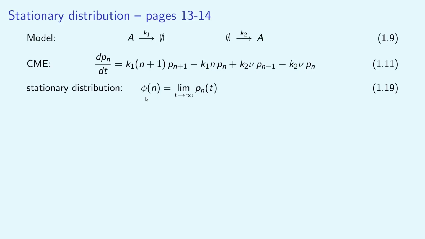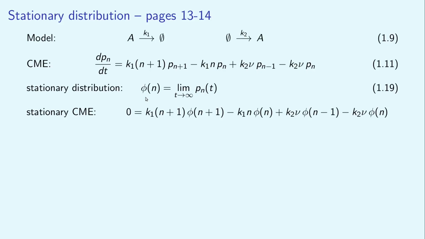It is a time-independent probability mass function which satisfies the stationary chemical master equation, which has 0 on the left-hand side. It relates the values of phi at n plus 1, n, and n minus 1.